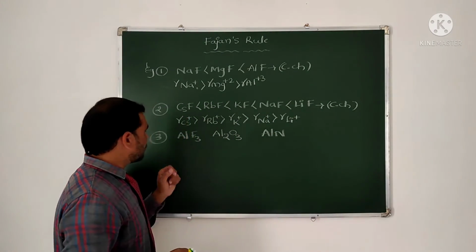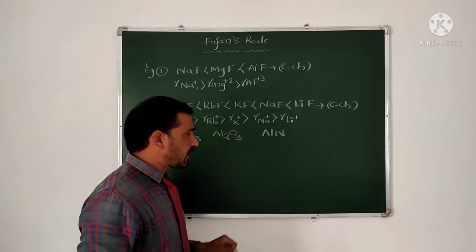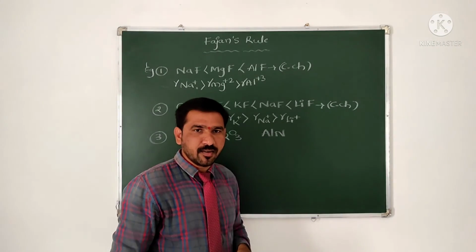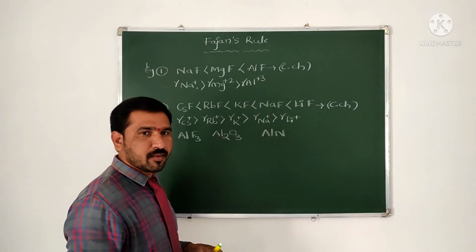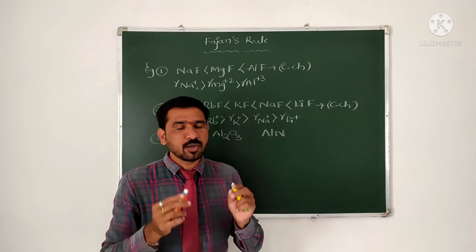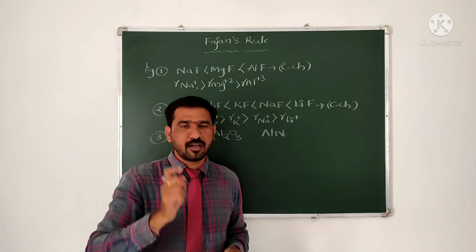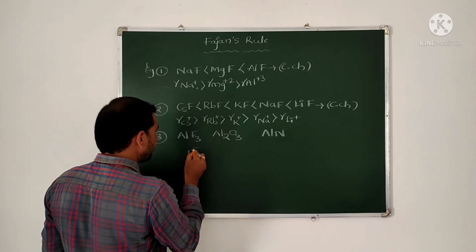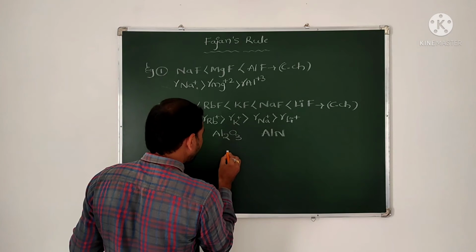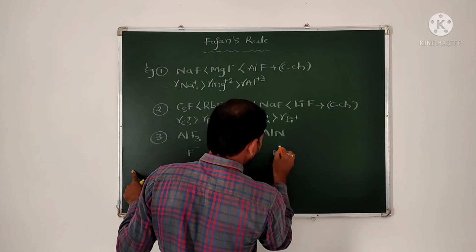Then coming to the third example: aluminum fluoride, aluminum oxide, aluminum nitride. In these 3, the aluminum cation is common, so to get the covalent character we should concentrate on the anion. Here fluoride F minus, in the second O minus 2 anion, in the third N minus 3 anion.